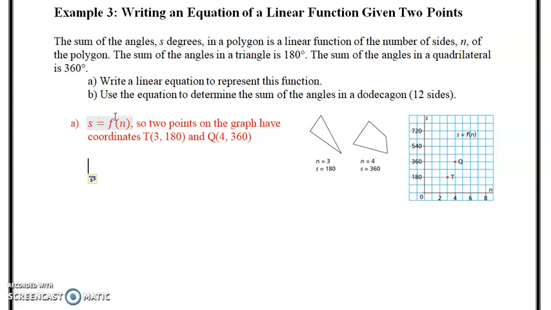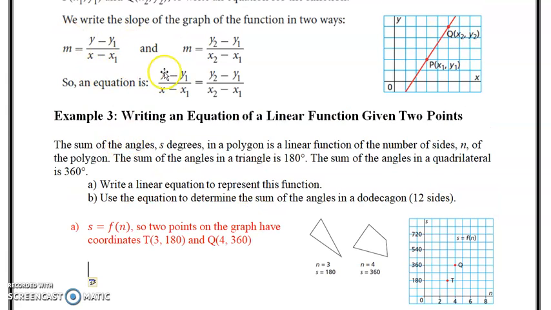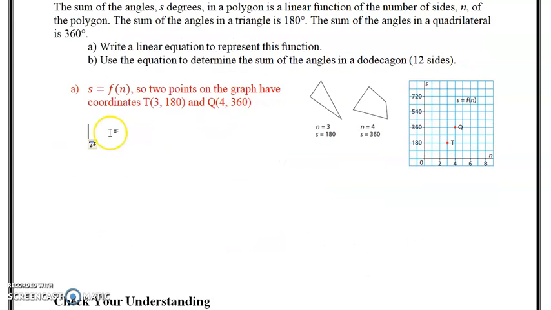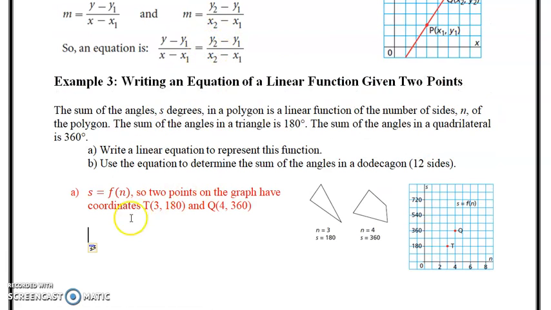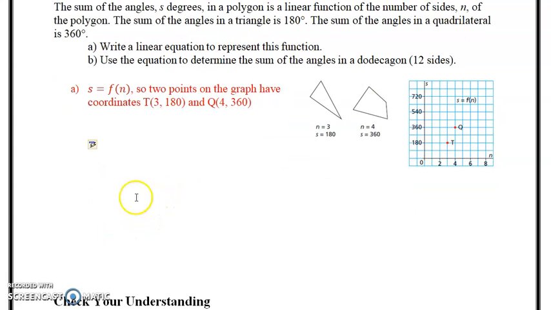So our equation that we learned in the last video is y minus y1 over x minus x1 is equal to y2 minus y1 over x2 minus x1, okay? That's our equation, because remember, this is just slope rearranged. So we'll recopy that formula and start plugging in the values that we have.